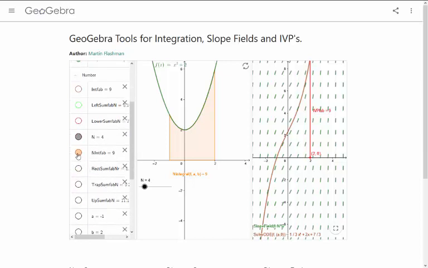We also have built in a rectangular sum with a proportion telling us where in the interval we would choose the point. Here I'm using 1/2, so in each interval I'm using the midpoint of that interval to determine the height of the function.